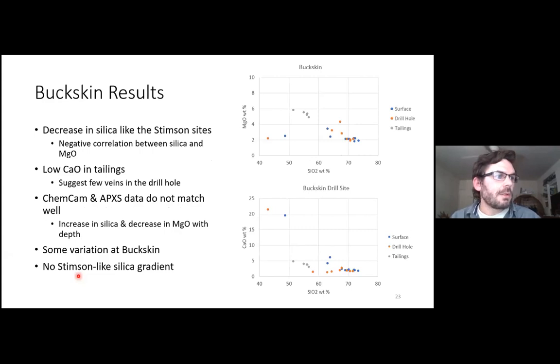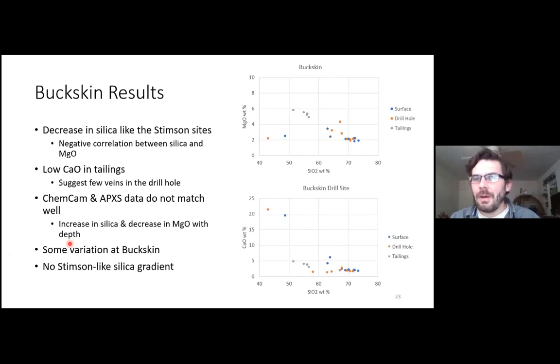All right, so real quick, I just want to touch on Buckskin before moving on. In ChemCam data, we do see a bit of a decrease in silica, like at the Stimson sites, but we also see a negative correlation between silica and magnesium. There's not a lot of calcium in the tailings, suggesting not a lot of veins within the drill hole. The ChemCam and APXS data don't match great at this location, with APXS seeing an increase in silica and a decrease in magnesium with depth.